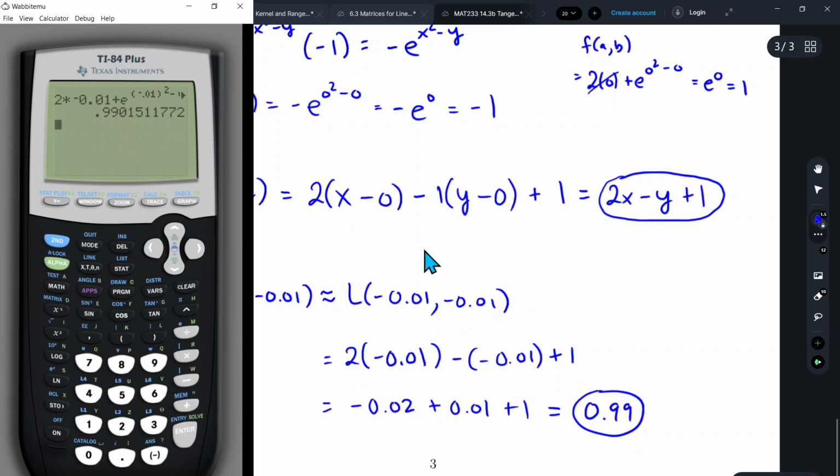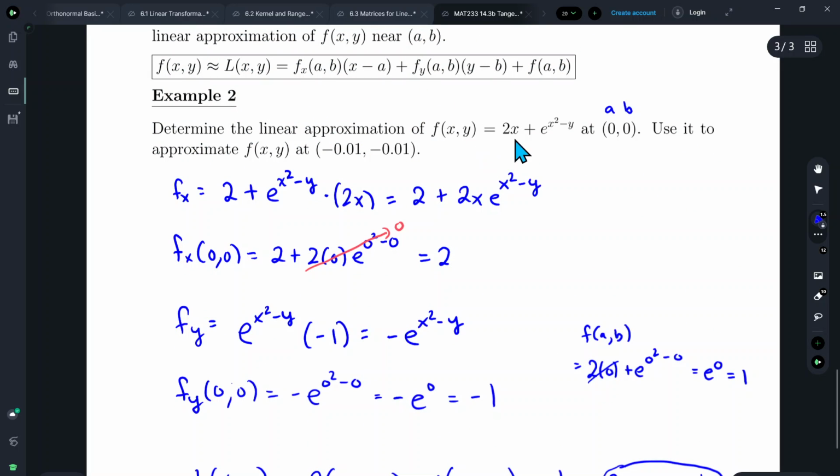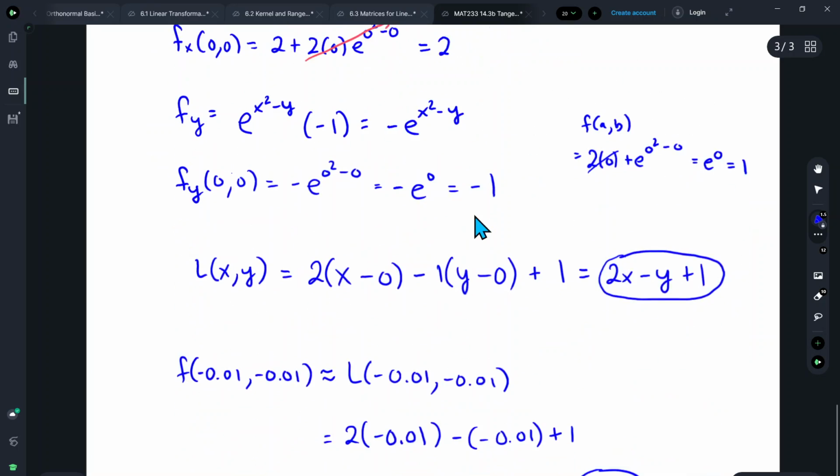I mean, you might ask yourself, okay, so if we can just calculate things with the calculator, what's the use of doing the linear approximation? So in this specific instance, if you have a calculator, maybe it doesn't really make sense to do this.